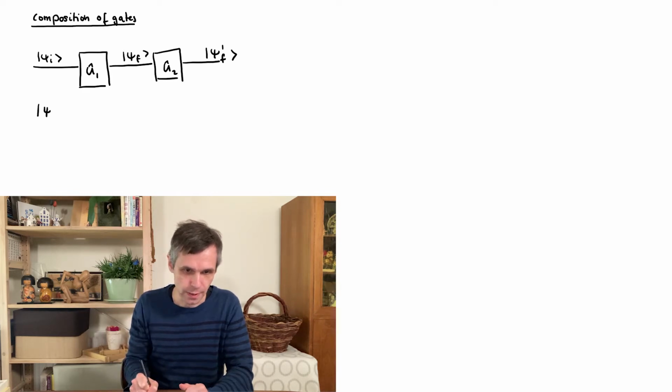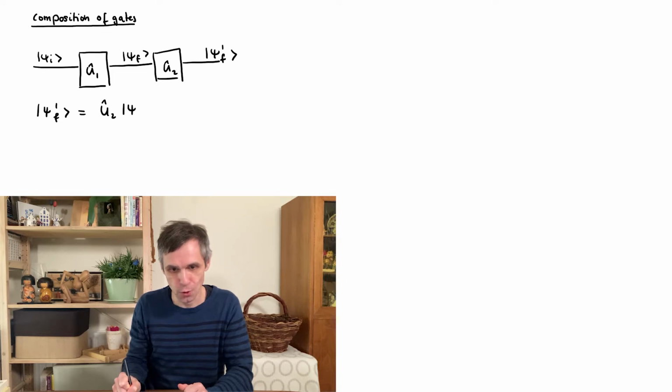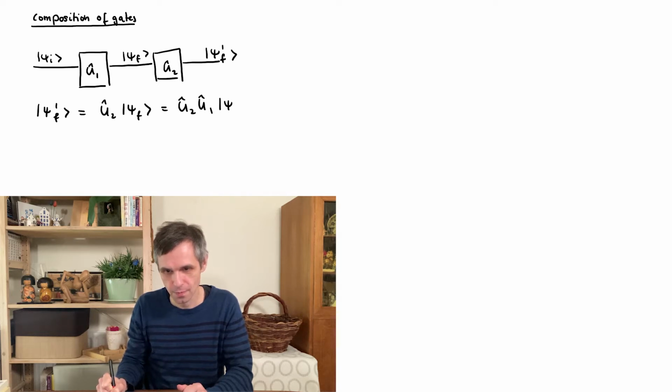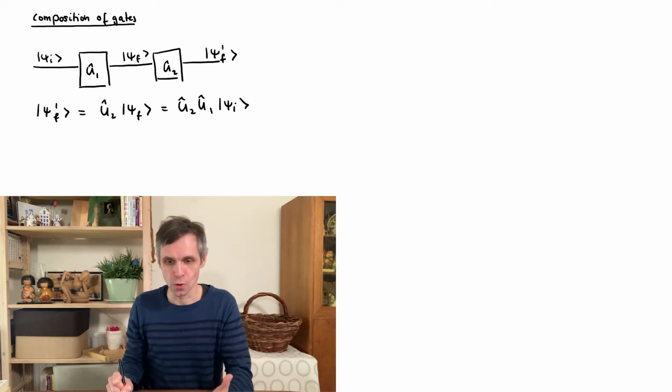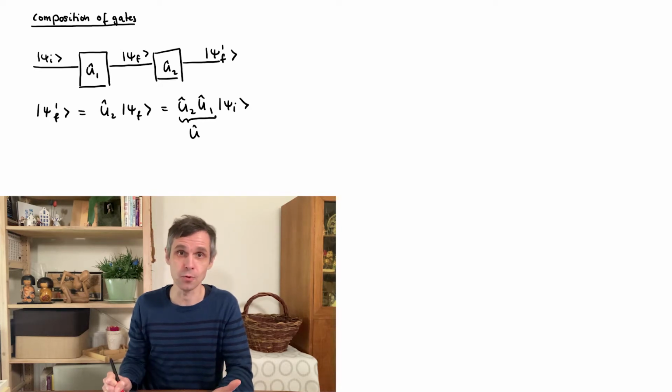And now we can write our really final state, the one with the prime, as U2 applied to our first final state. And this we can again write as U1 times our initial state. So the composition of these gates is really represented by a unitary operator that is simply the product of these operators.